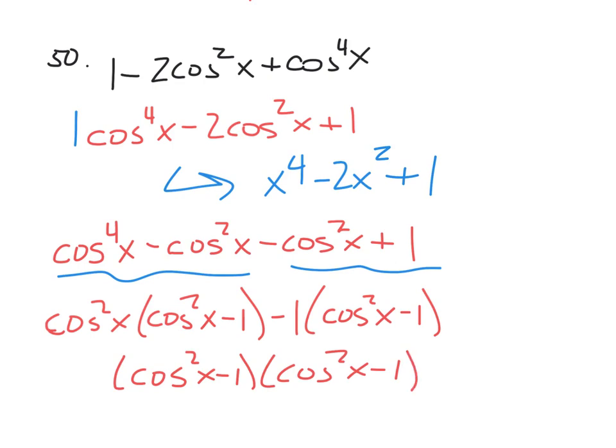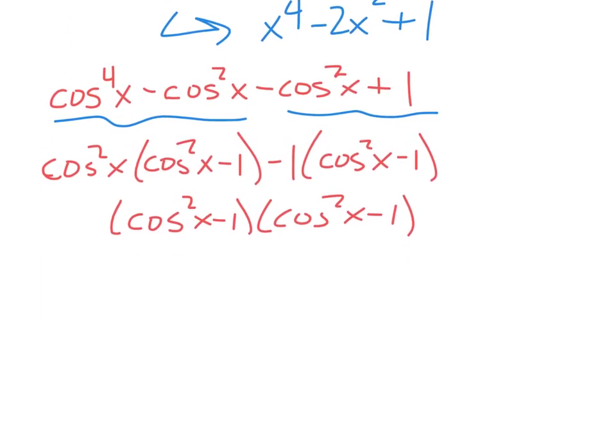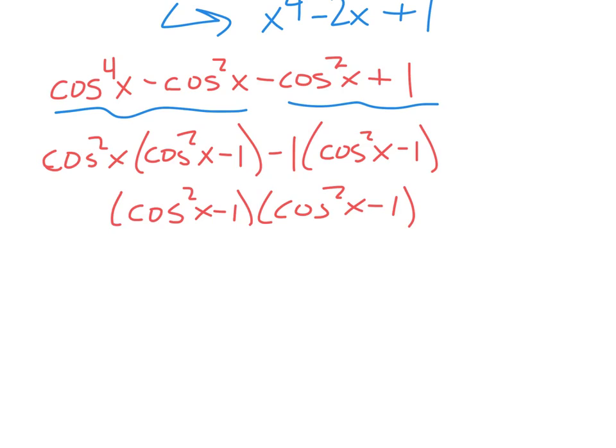Again, the way that works is the common factor came out here, and what was left from this term is that, and what was left from this term is that. And so then I'm going to write it this way. We have the difference of squares twice now.